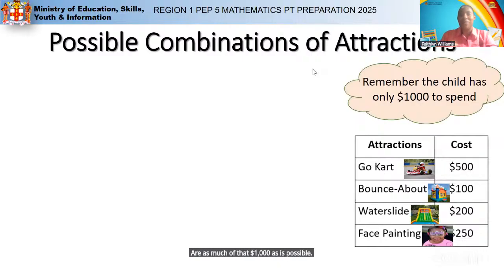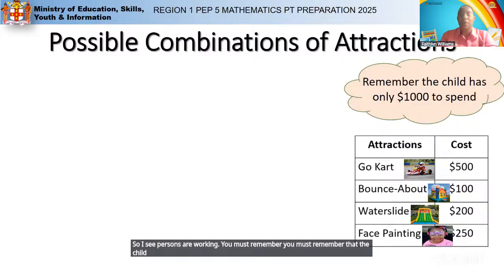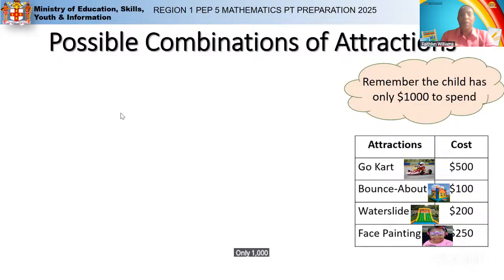All right. So I see persons are working. You must remember that the child has only $1,000 to spend. While you're doing that, I like what Kaylee Abrahams put in the chat.